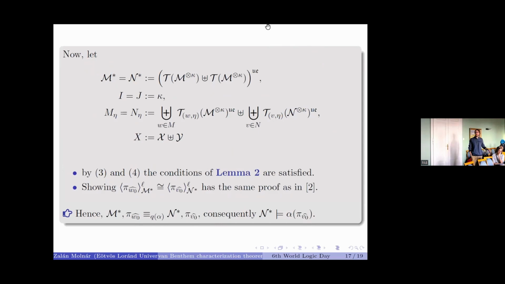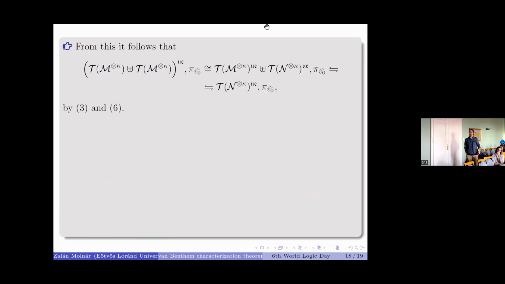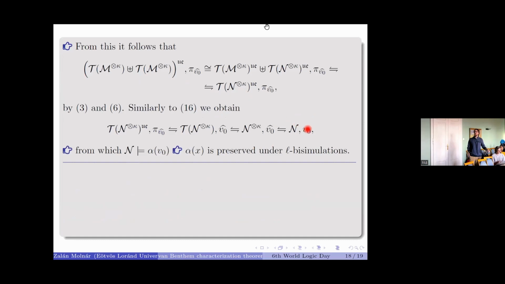It is only left to show that these neighborhoods are actually isomorphic, but we are lucky in this position because to prove it, we can just repeat the proof from Bezhanishvili and Henke, and therefore we can conclude that these structures are Qα elementary equivalent. Consequently, this structure satisfies this, and we are almost there because following this line of equivalences, we end up with N satisfying α, which was our goal.